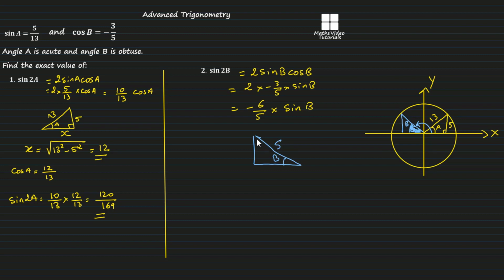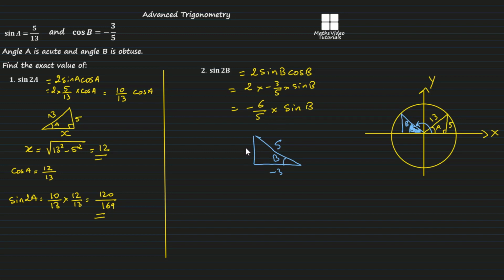This is the radius 5, which represents our hypotenuse, and the adjacent, because cos B is calculated using the adjacent, is minus 3, and the hypotenuse, the radius of the circle, is 5. To work out the sine of B, we need the vertical, or the opposite to the angle.